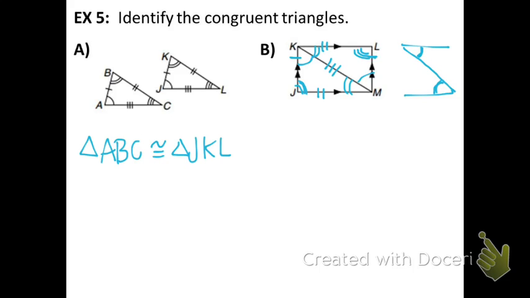And because we've shown all three sides and all three angles are congruent, we can say triangle KJM is congruent. And because I started with K, the angle that's congruent with K would be M. And I went to J, so I've got to go to L next, and then to K.